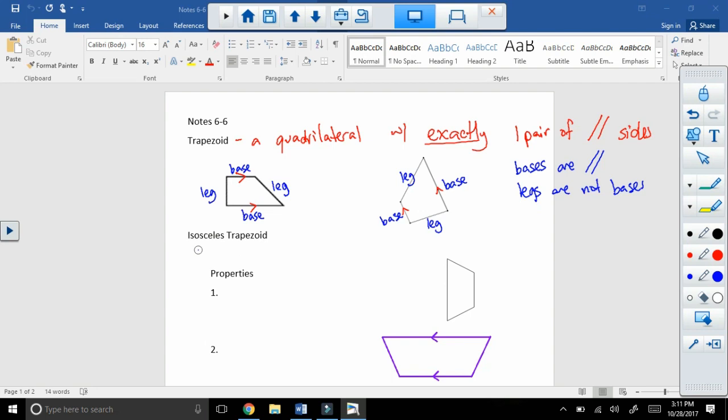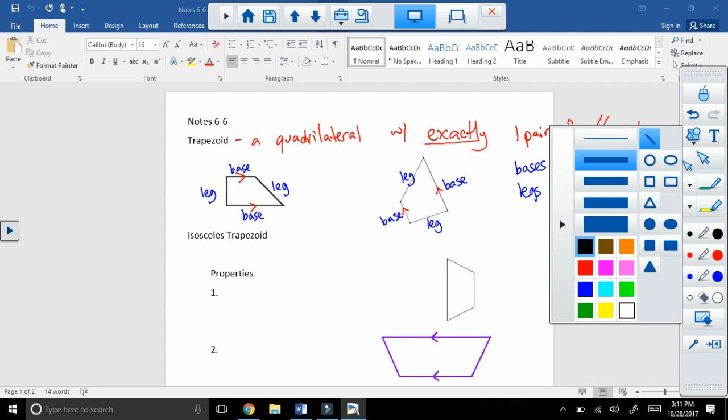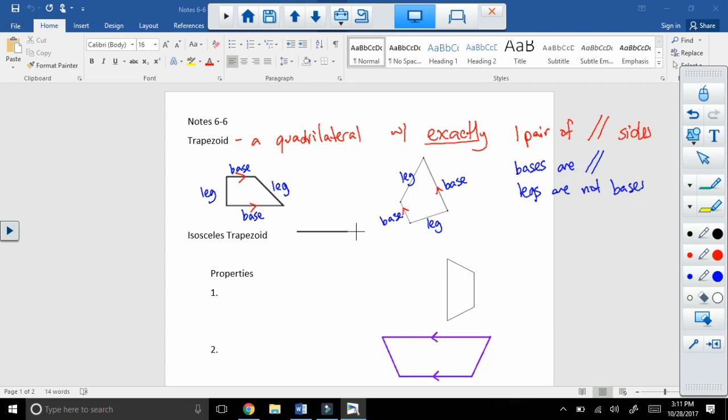Really, probably what you want is to look at the isosceles trapezoid when referring to base angles and some of the properties of that. So an isosceles trapezoid, I didn't include a picture here for you, so we'll just draw it in. An isosceles trapezoid is the one that you're probably used to seeing the most, where you have those two sides that are parallel, but then these legs are congruent.